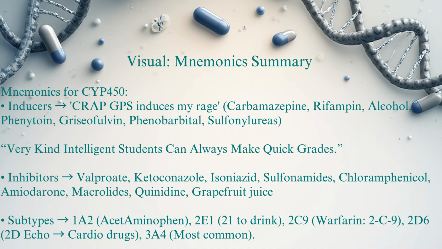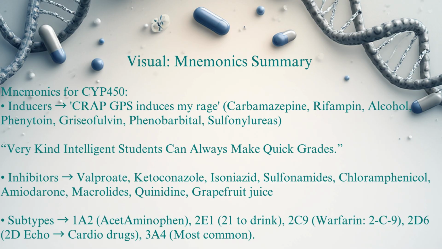Very for valproate, kind for ketoconazole, intelligent for isoniazid, students for sulfonamides, can for chloramphenicol, always for amiodarone, make for macrolides, quick for quinidine, and grades for grapefruit juice. These are the major CYP450 inhibitors. They slow down metabolism, raise drug levels, and increase the risk of toxicity.